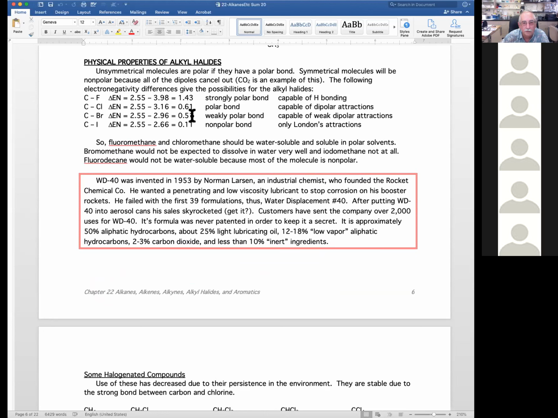With bromine, it's a weakly polar bond, so maybe capable of weak dipole attractions. And if you look at iodine, it's a nonpolar bond. It can only do London's. So if you have something like fluoromethane, that's probably going to be soluble in water. Fluorochlorine, probably soluble in water. Bromomethane, maybe kind of soluble in water, but not very. And iodomethane, probably not at all.